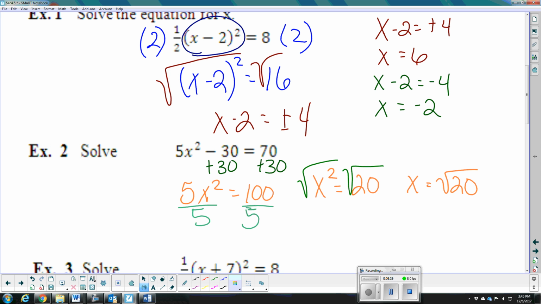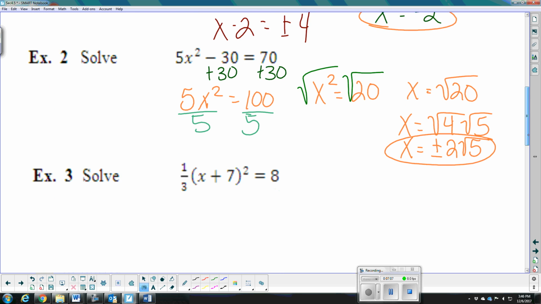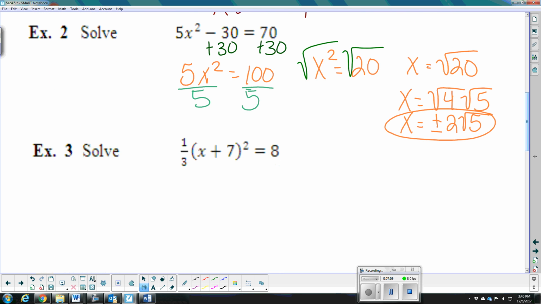When we simplify the square root of 20, we get x equals the square root of 4 times the square root of 5, which gives us x equals positive or negative 2 times the square root of 5. So there's our answer for the first one: x equals 6 or x equals -2. The answer for the second one is x equals positive or negative 2 times the square root of 5.